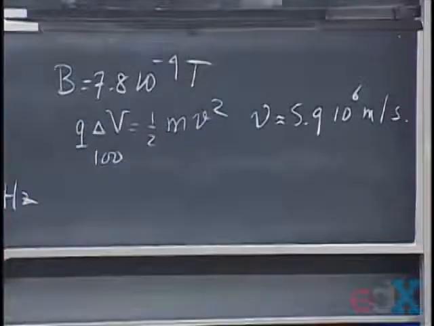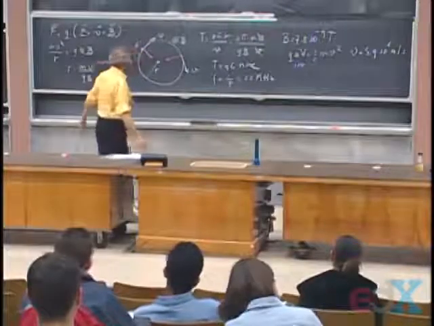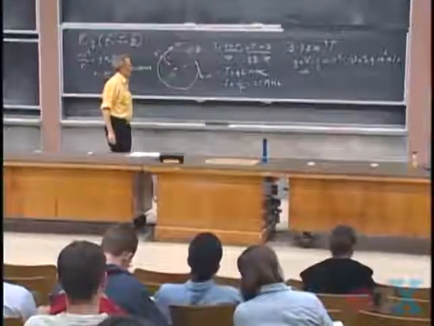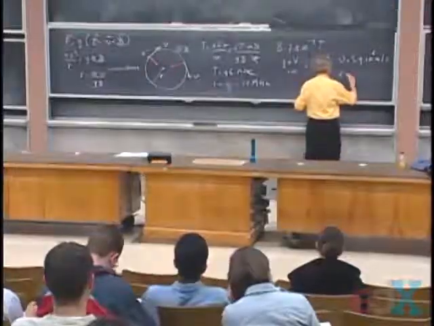So that's the velocity if I have a potential difference of 100 volts. And so I can use that velocity, substitute that in this equation, and then I get the radius of these electrons in that magnetic field, and that radius turns out then to be about 4.3 centimeters.